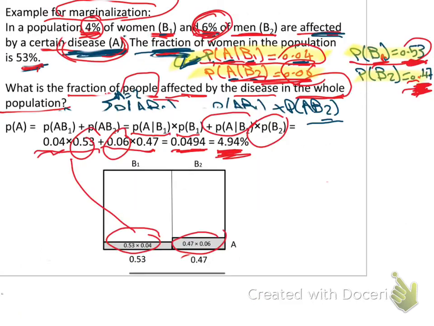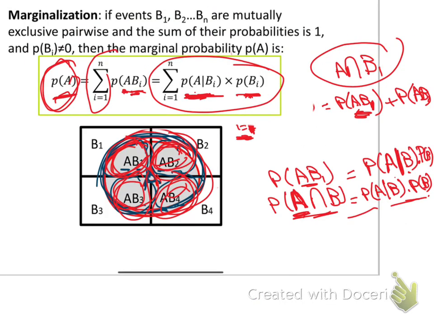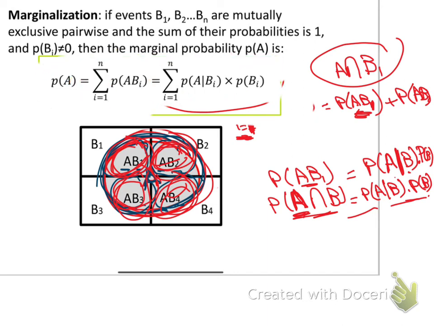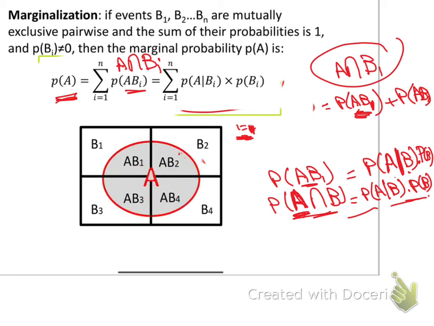The probability of A, if you remember in this slide, we have taken it, will equal the sum of the probabilities of A intersect Bi: A intersect B1, A intersect B2, A intersect B3, and so on.